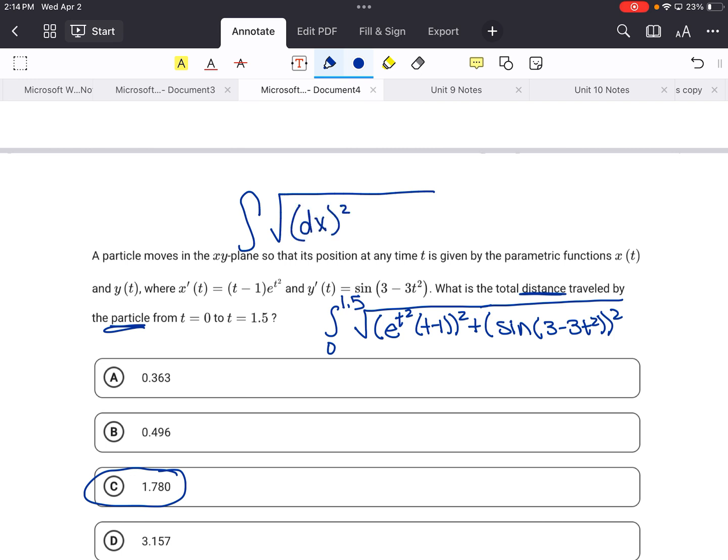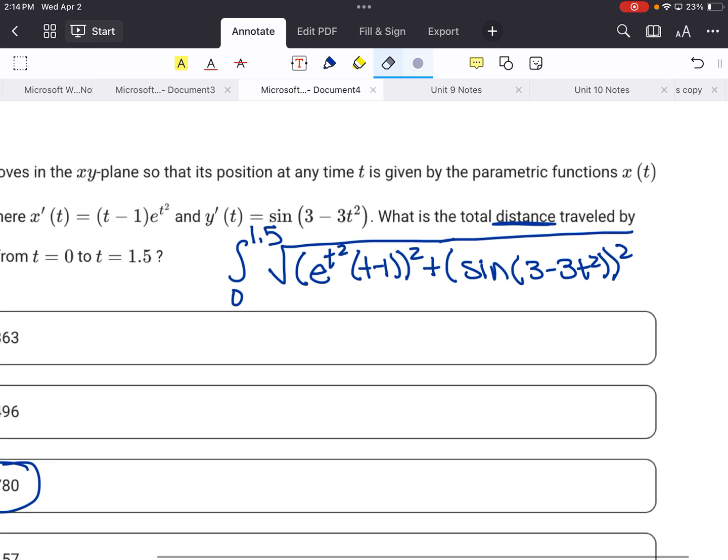Take the derivative of the x, take the derivative of the y, square them, add them, take the square root, and then do the integral. So that's where this equation came from.